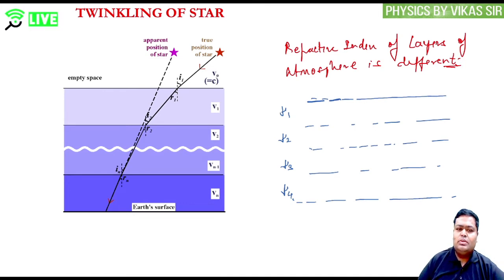That means the layers closer to the surface of the earth appear to be more dense in comparison to the upper layers.